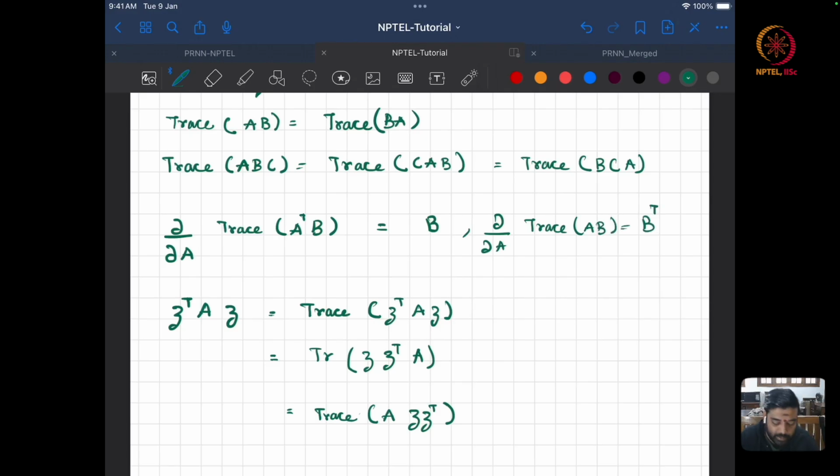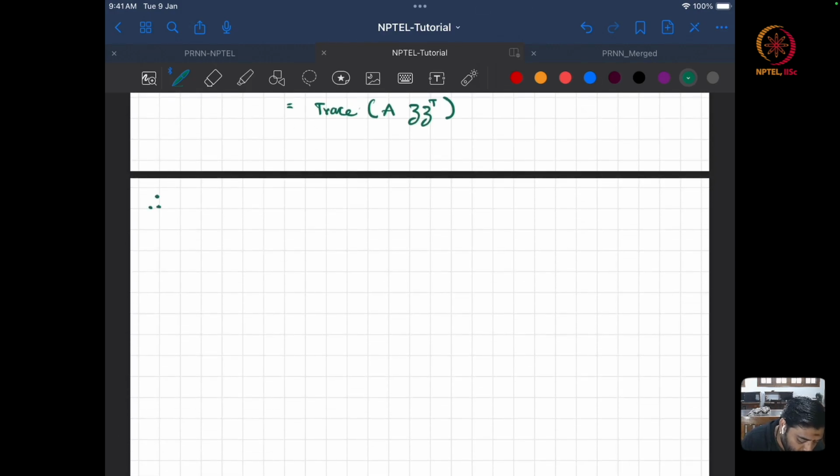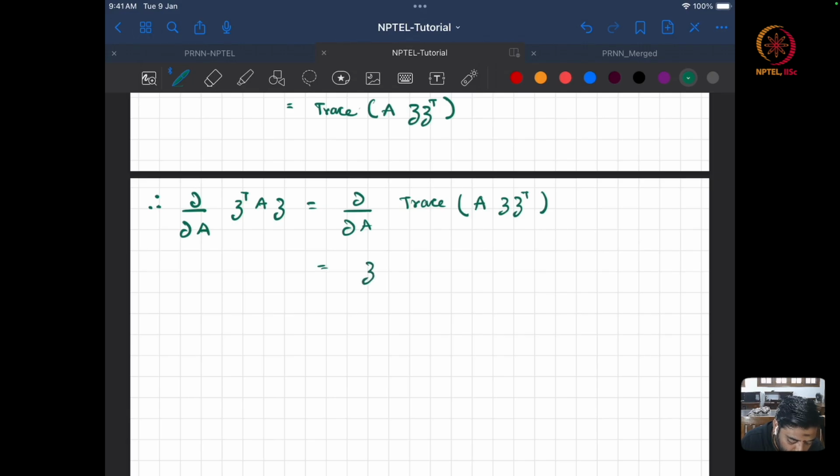Okay, one more identity that is needed for us. So now putting all of this together, therefore, the partial derivative with respect to the matrix A is the same as taking the partial derivative of trace of A ZZ transpose, which is ZZ transpose whole transpose.